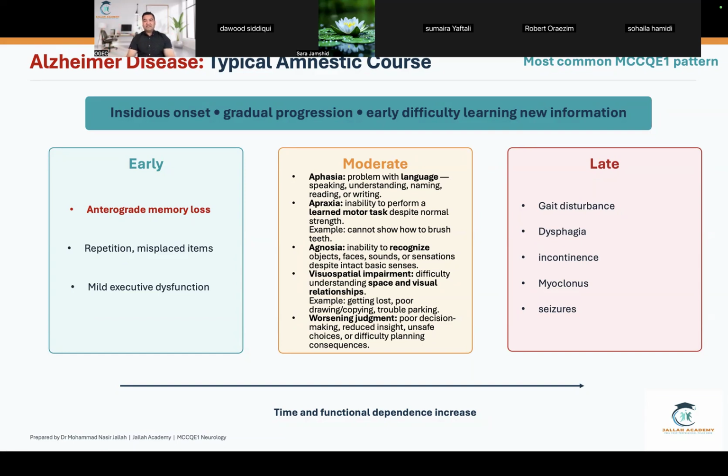Early difficulty learning new information. It means the patient has anterograde memory loss. When the patient develops the problem, it will be anterograde memory loss. The patient has a hard time memorizing things and cannot remember things. On a daily basis we might lose some information, but we keep on refreshing or reminding ourselves.